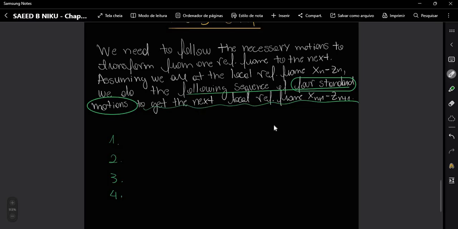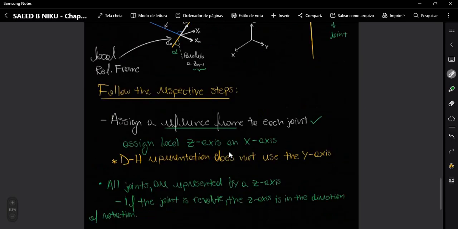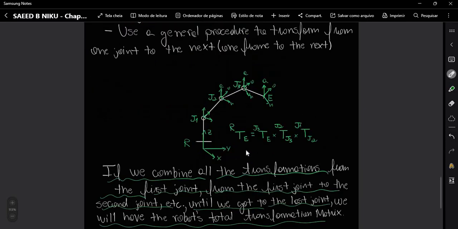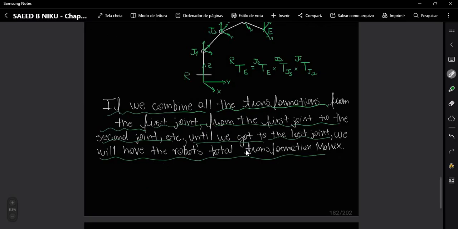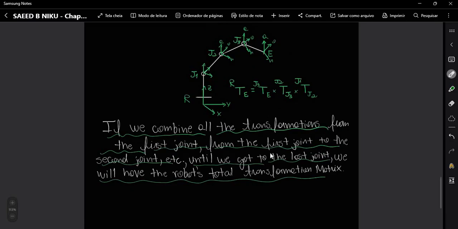We want to transform from one reference frame, local reference frame, to the next local reference frame. And in order to do this, we will apply these four motions, which are standard in DH, so we can accomplish this task. So this is something that at this point we know very well.